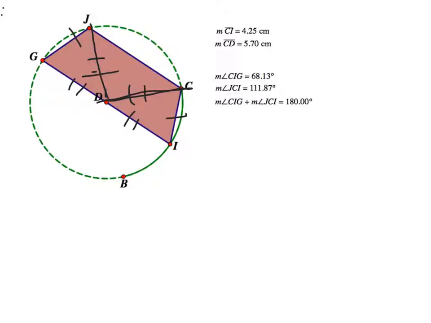So now when I'm looking at this, I know that right here is 5.7, this is 5.7, this is 5.7, so is this one. But we're not going to look at those right now. We're going to focus on this triangle right here, as this triangle will give us our height.